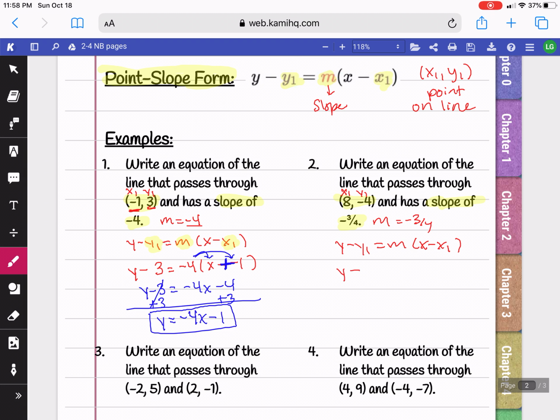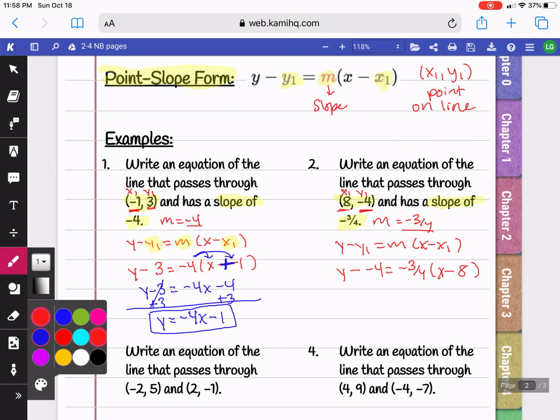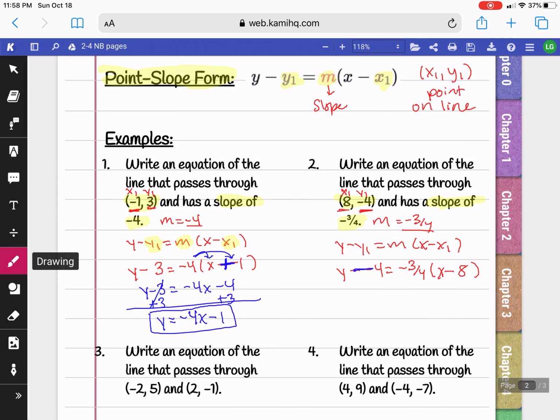So I have y minus, y1 is negative 4, equals, our slope was negative 3/4, x minus, x1 is 8. Remember, anywhere you see a double negative, change it to plus. So here, this becomes plus. Our next step is going to be to distribute. So we have y plus 4 equals negative 3/4 times x is negative 3/4 x.